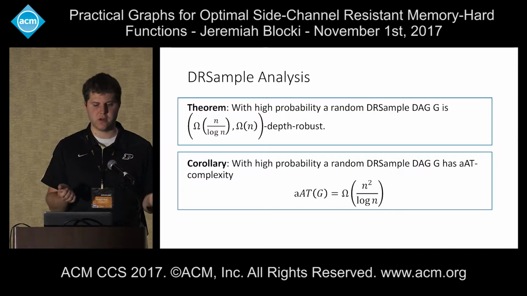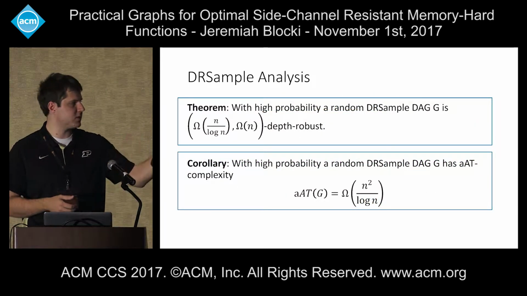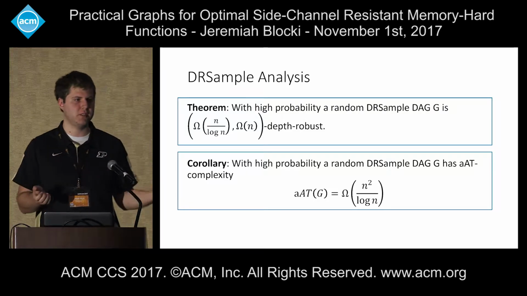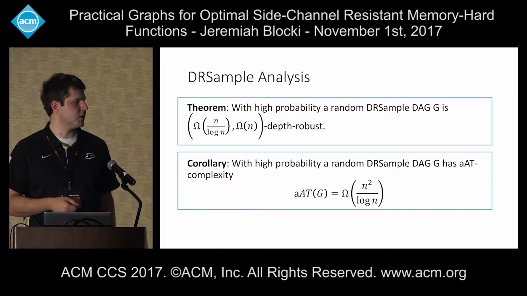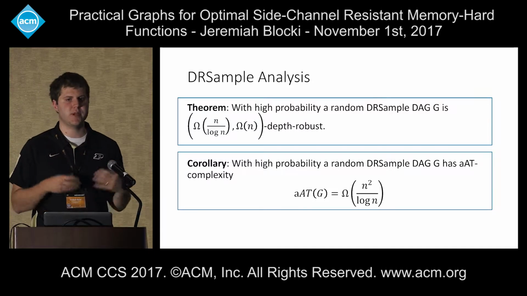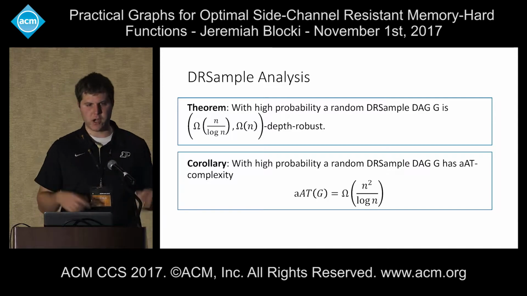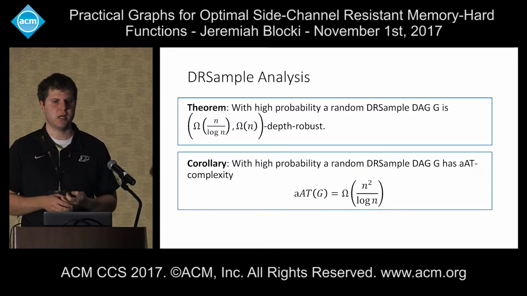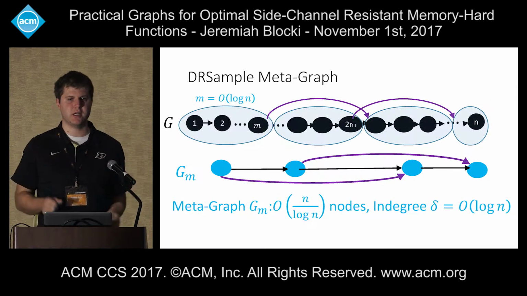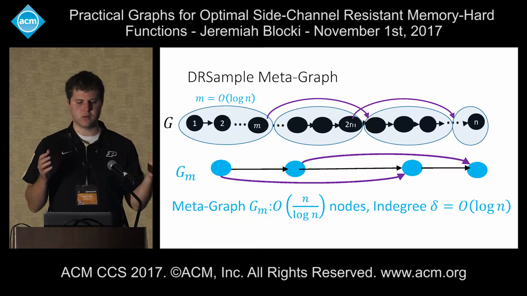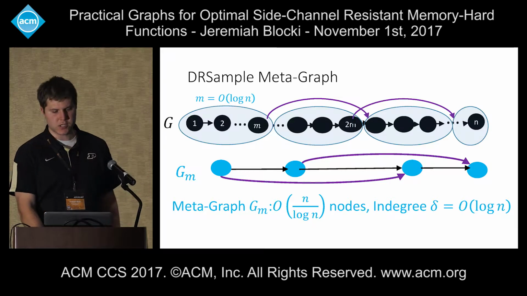For the analysis of this graph, we show that it's highly depth robust, which in light of recent Eurocrypt results implies that it has maximal amortized area-time complexity. So how do we actually prove this? I'll just give you a brief hint of the proof. We start off with the original graph, and then we construct a metagraph.